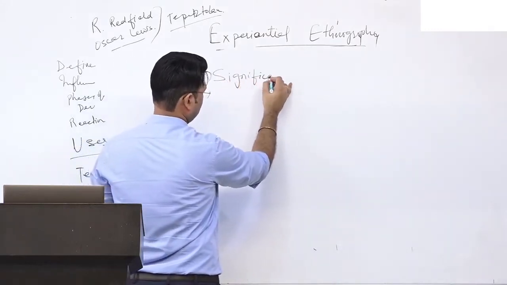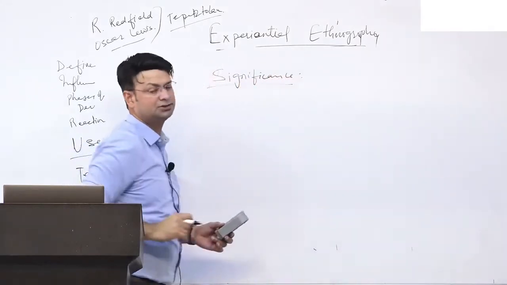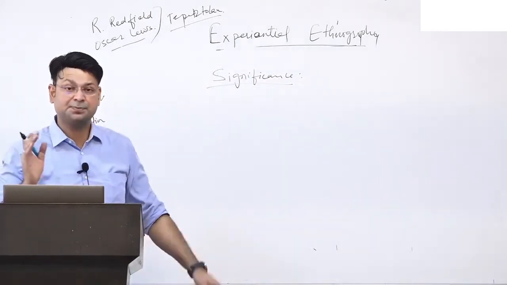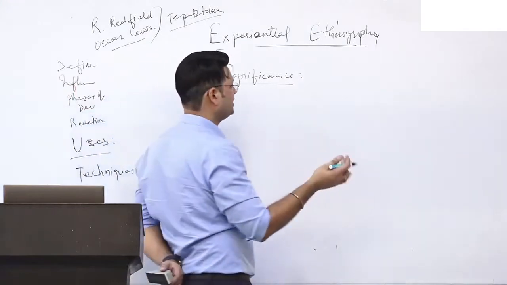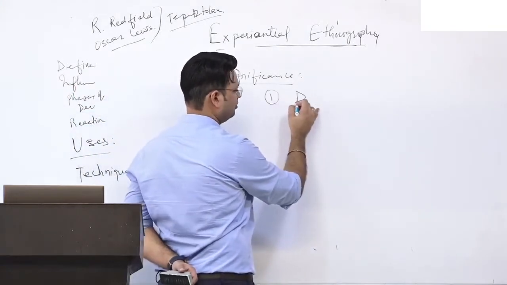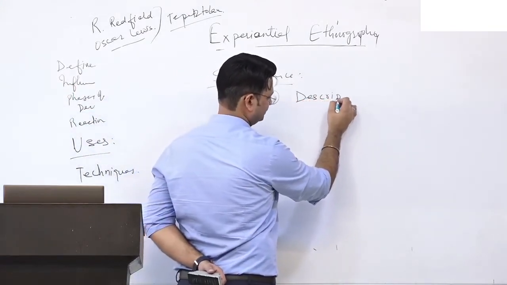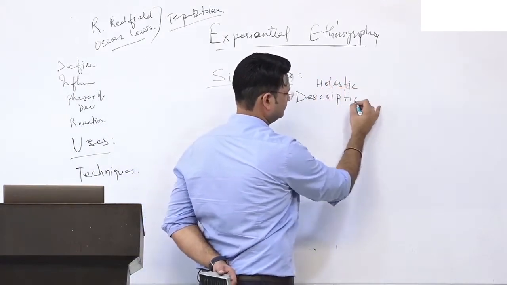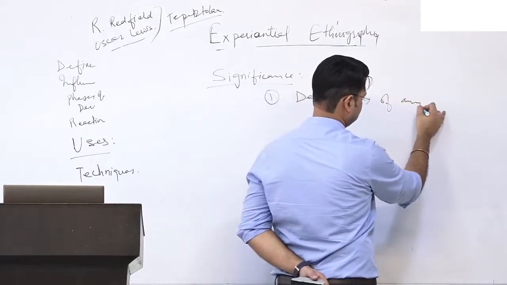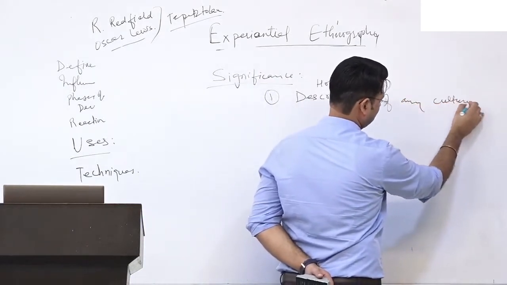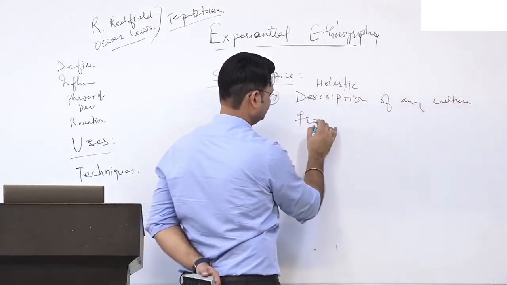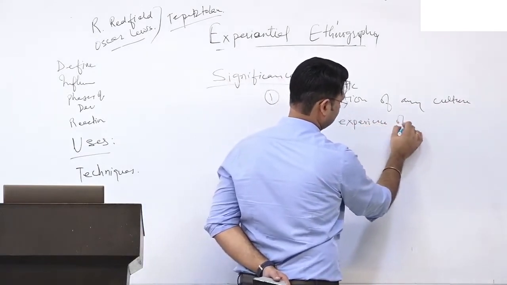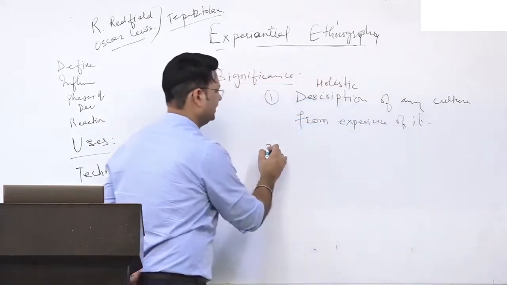So the significance of experiential ethnography can be this holistic description of a culture from experience of it, right? Description from experience. Holistic description of any culture from experience of it. कैसे वो experience किया जाता है?